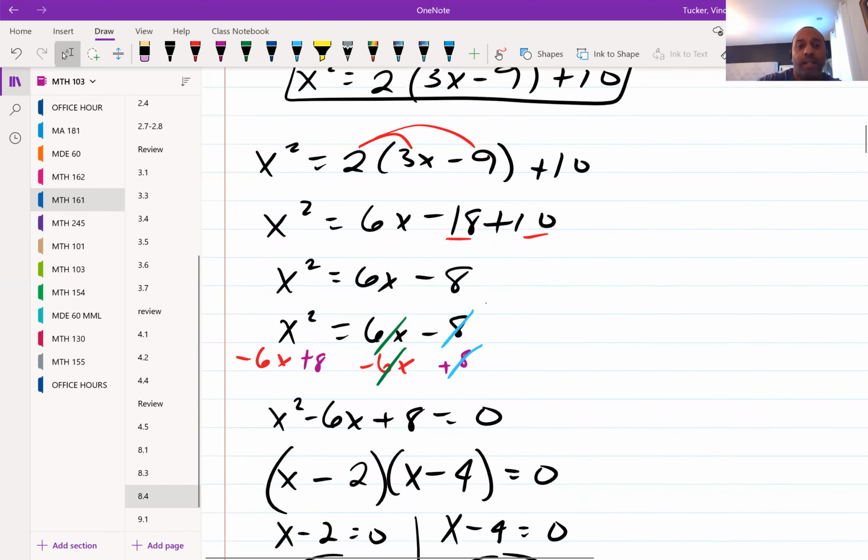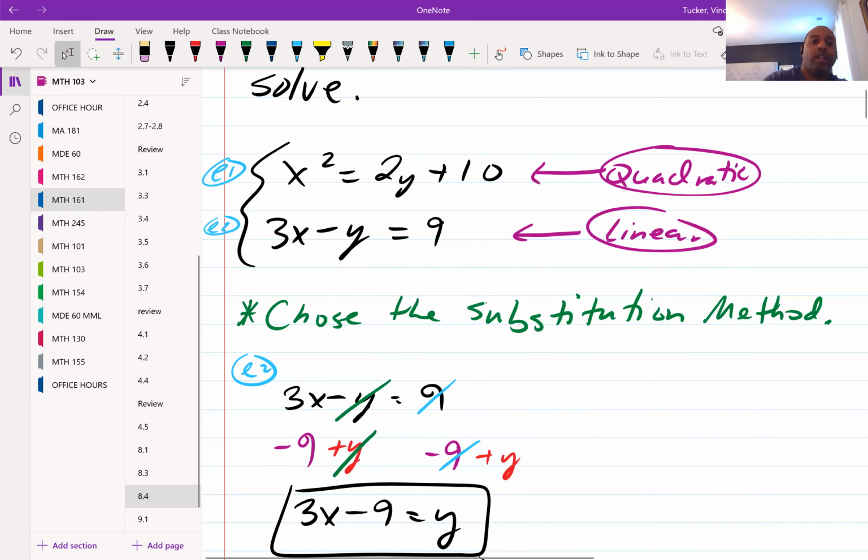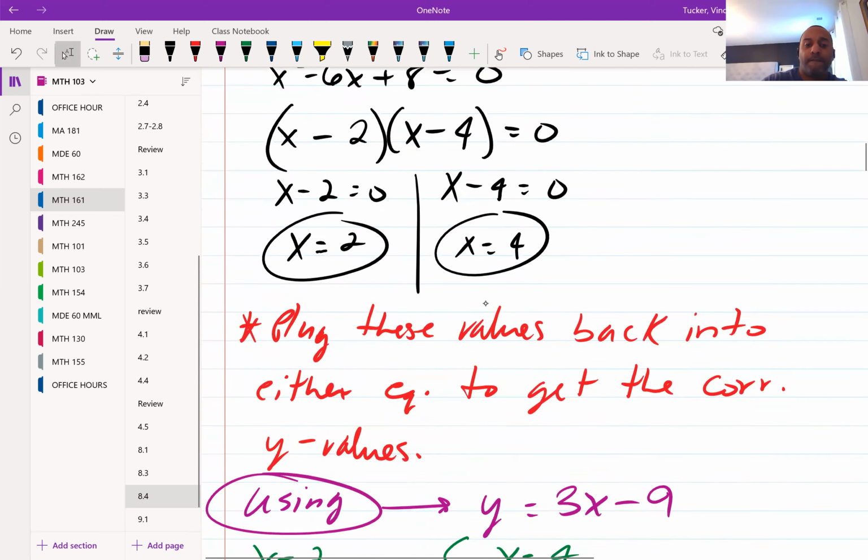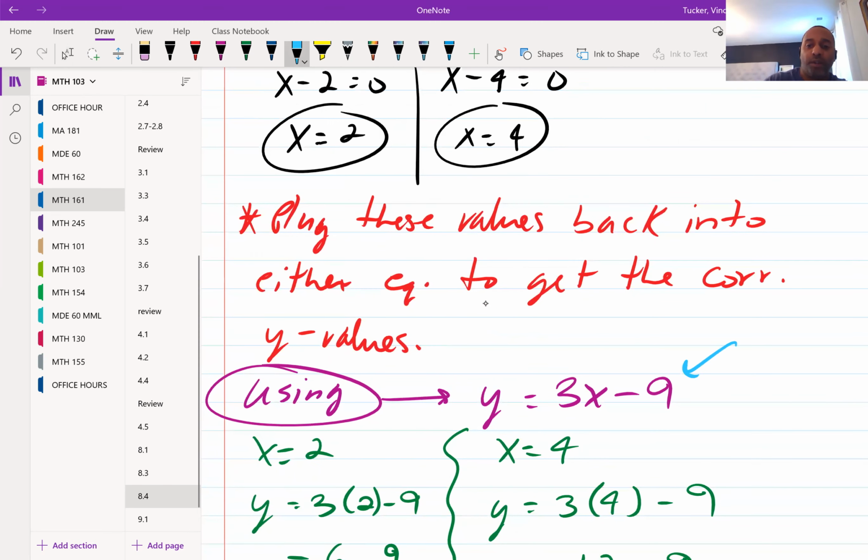Here are our original equations. It doesn't matter which one of those you use, as long as you do everything correctly. That second equation, remember I solved it for y, so I'm going to use that form of it. That's what I wrote right here in purple. I'm using y equal to 3x minus 9 because I've already solved that equation for y.